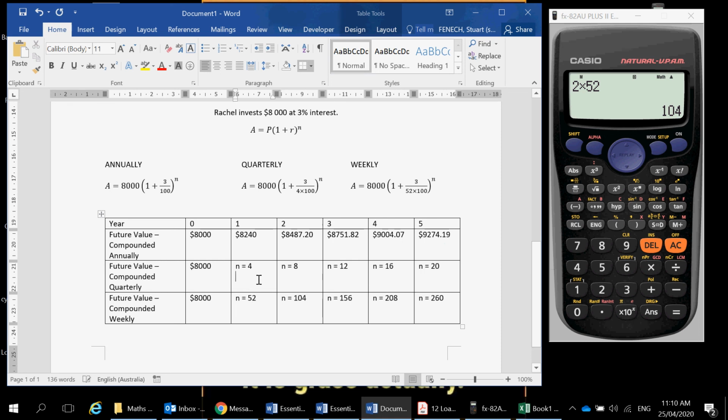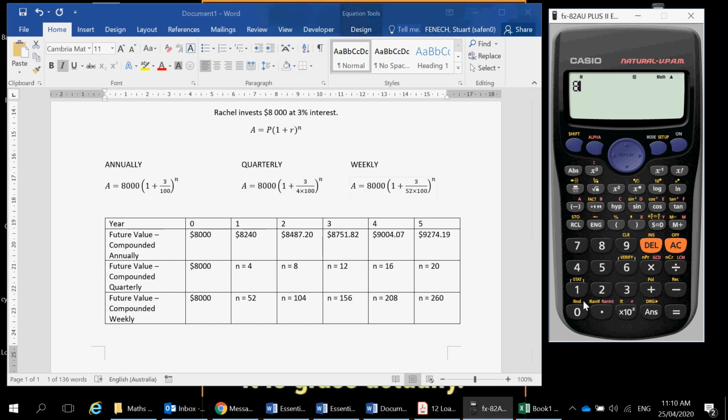All right, so now in each case, to work out the actual value, let's drop it in the formula. I'm going to write that formula, 8,000 times 1 plus fraction 3 over 4 times 100 to the power of, the first one there was 4.